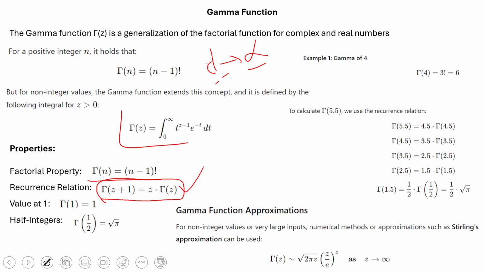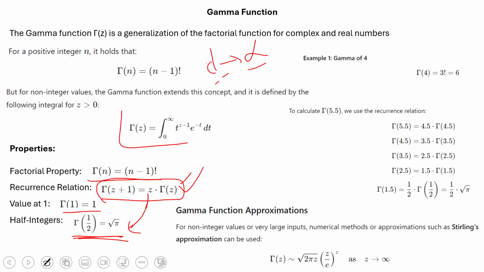I'll show you an example, but first these values: gamma of 1 is equal to 1, gamma of 1 by 2 is equal to root pi. Remember this. For this formula to apply, we have to know this value, because the formula always tries to get to this value. That is how we solve this.